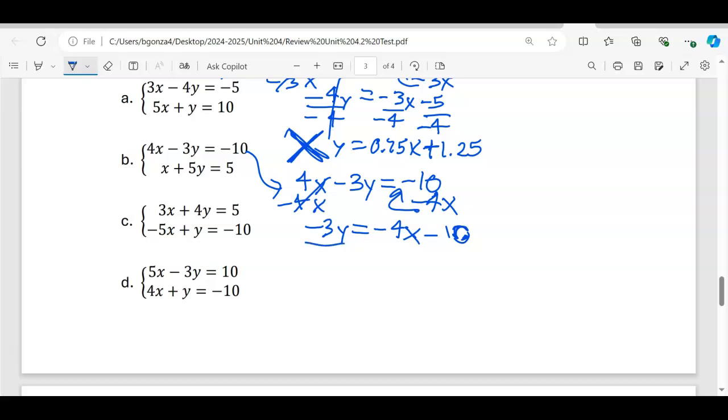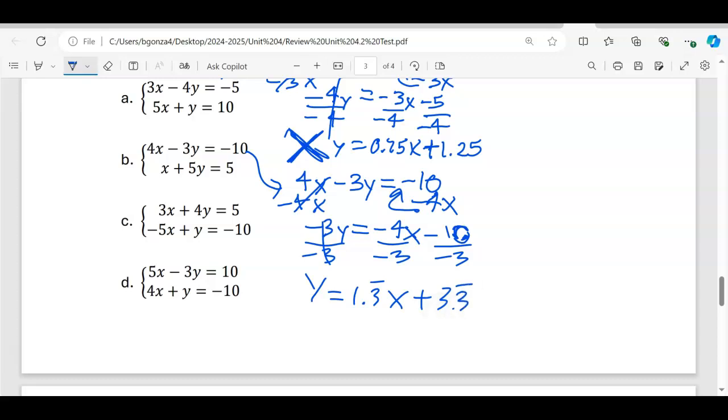Okay, and then we have to divide by -3 to get rid of that coefficient. So we get y equals, but look, negative divided by negative cancels out. 4 over 3 is actually 1.3 repeating x. Negative 10 over negative 3 is plus, because the negatives cancel out, 3.3 repeating.